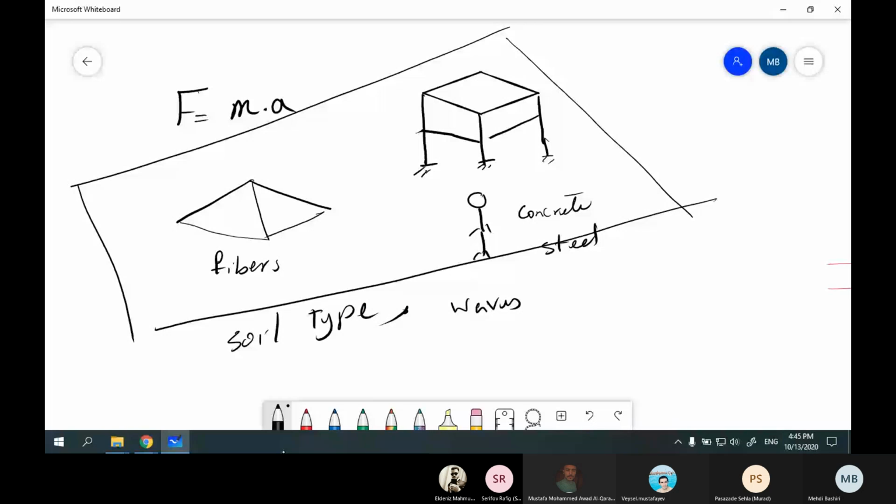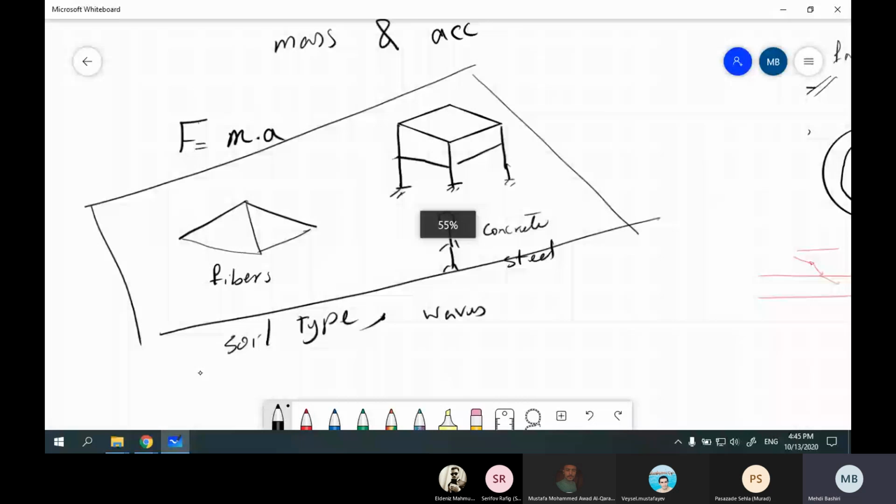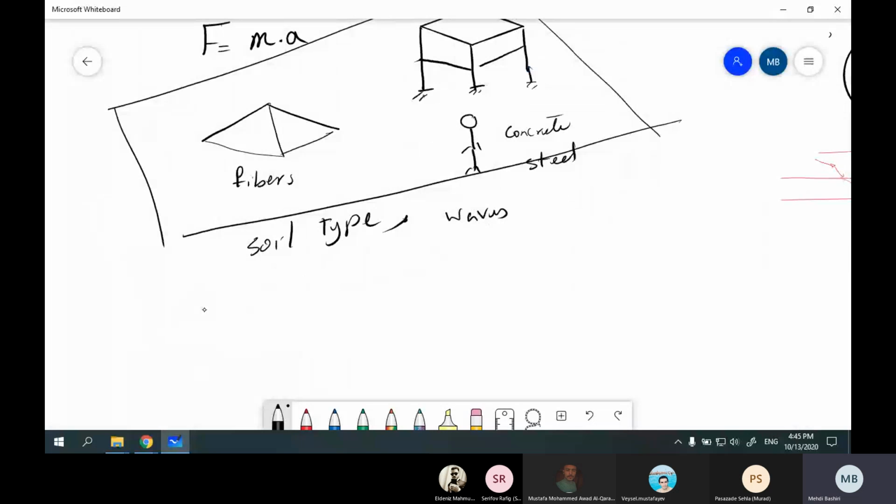So the massive concrete structure weighs about, for example, 100 or 1,000 tons, and the tent weighs about, for example, 5 kilograms.